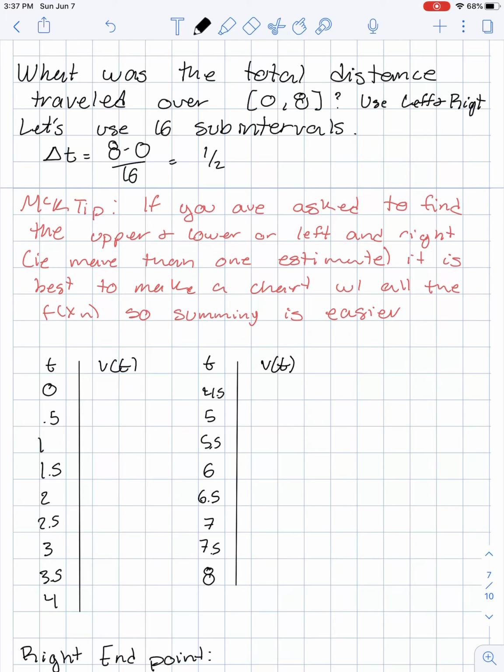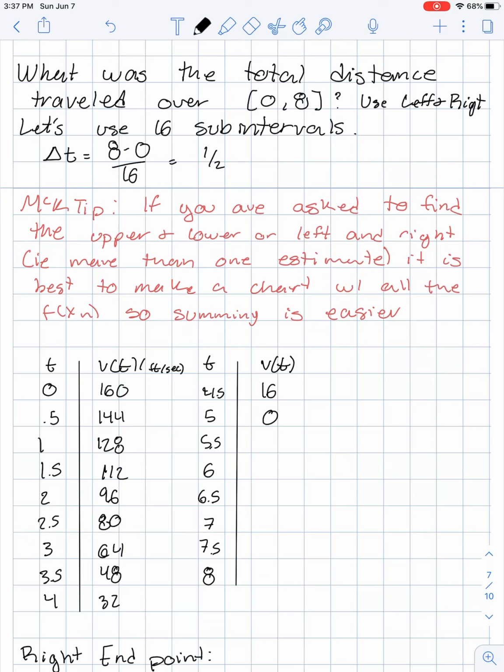All right, so if I plug all my points into my velocity equation, I will get 160, 144. I'm not putting units on these just because we know that they're all feet per second. So 112, 96, 80, 64, 48, 32, 16.